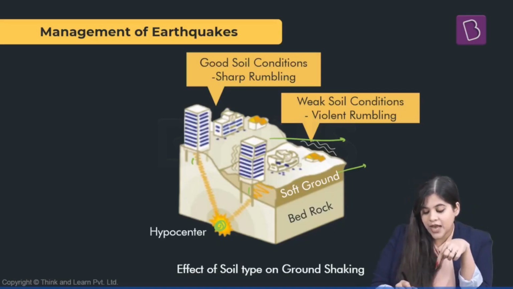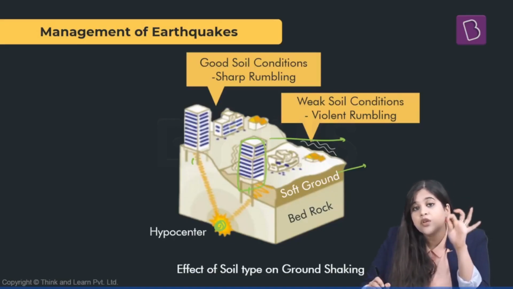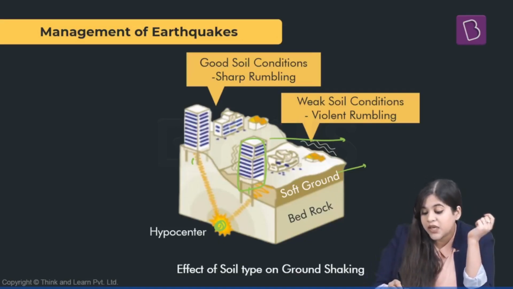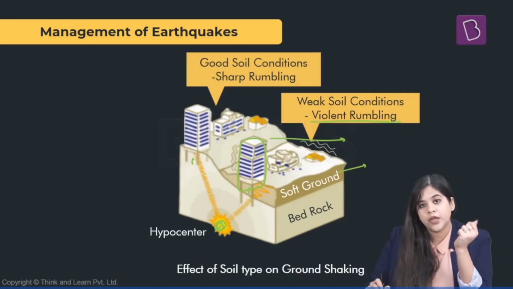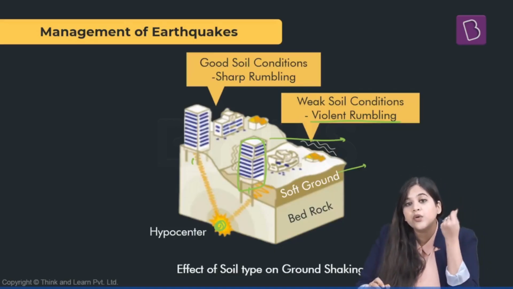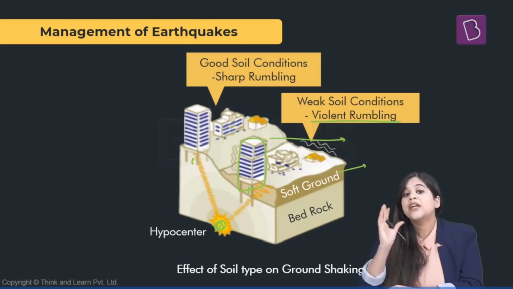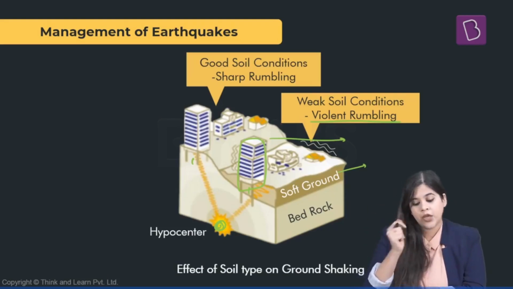However, this building has been constructed on soft ground. Now, the soft ground will always experience a violent rumbling. Because the rumbling will be violent, that is, the magnitude of earthquake that is experienced in that land would be higher, the building will shake violently.